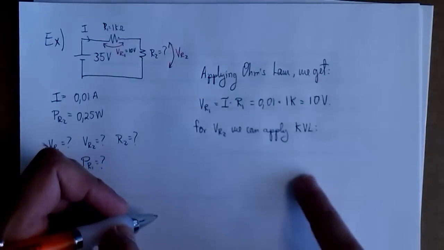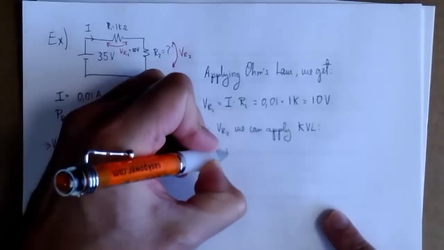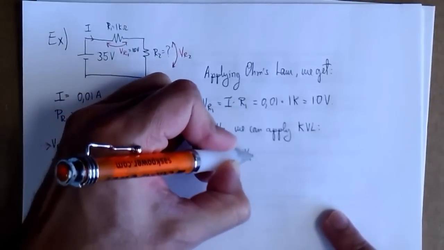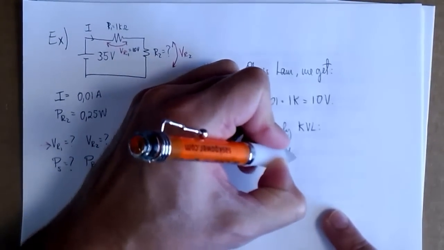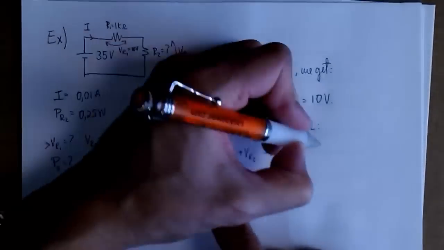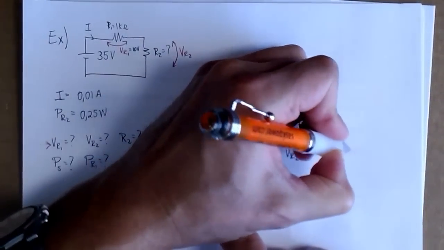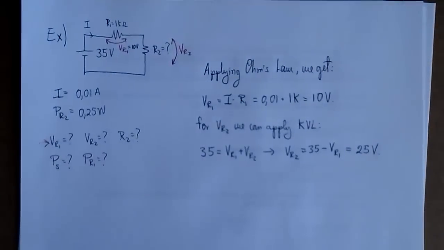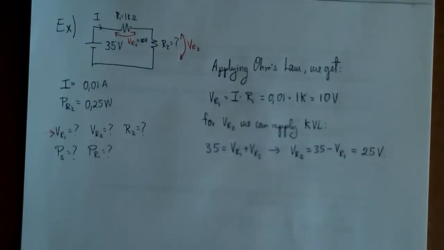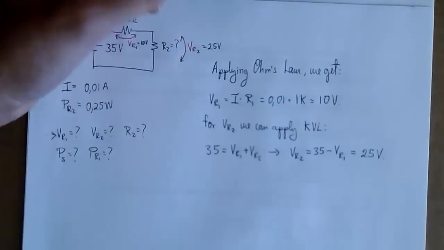What we do here is we say, well, we have 35 volts, that's the voltage provided by the source, and that has to be equal to the summation of the drops, VR1 plus VR2. So from there we say 35 minus the voltage drop across R1 has to give us the voltage drop across R2, and that is 25 volts. So we have 25 volts across R2.